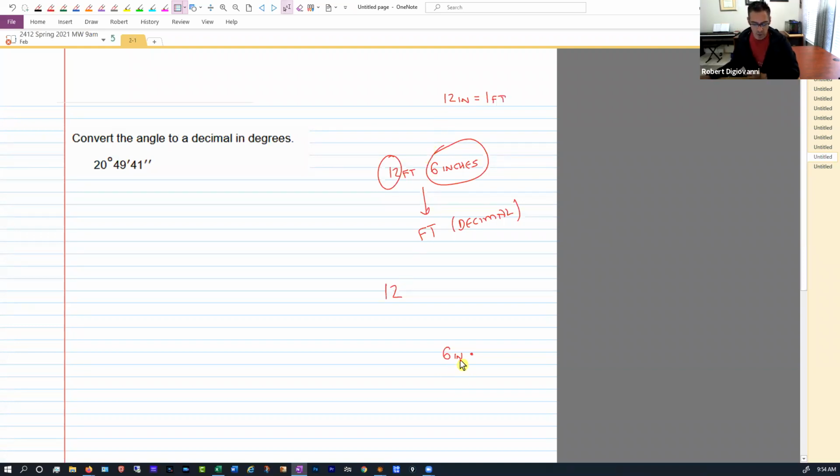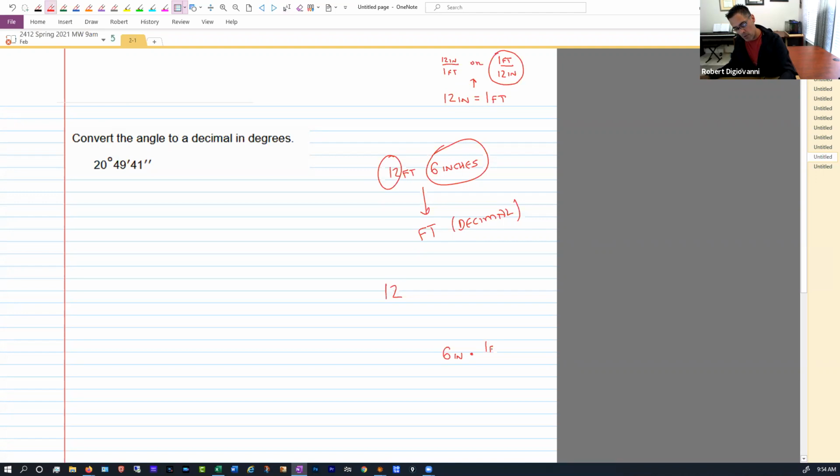So I would multiply this by something that would cancel the inches out using this. That leaves us with 2 different things we can do: inches over 1 foot, or 1 foot over 12 inches. I'm doing a very crash course in conversions here. I'm going to choose this one because it has inches on the bottom.